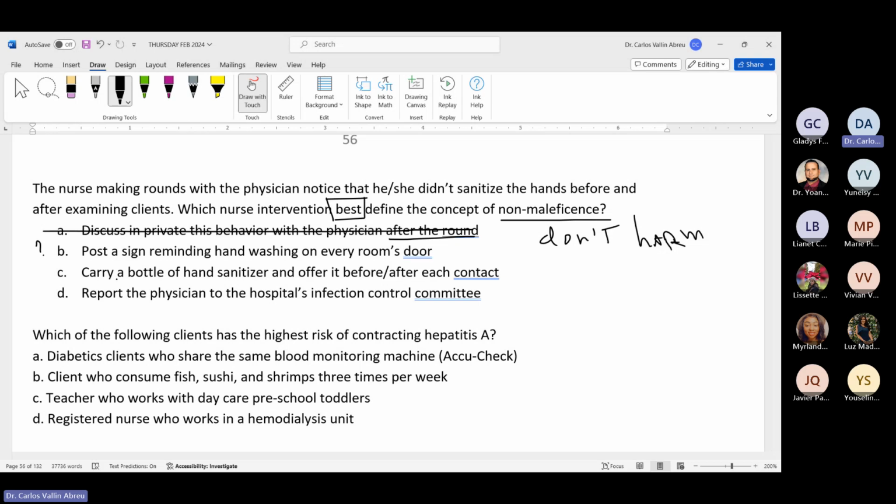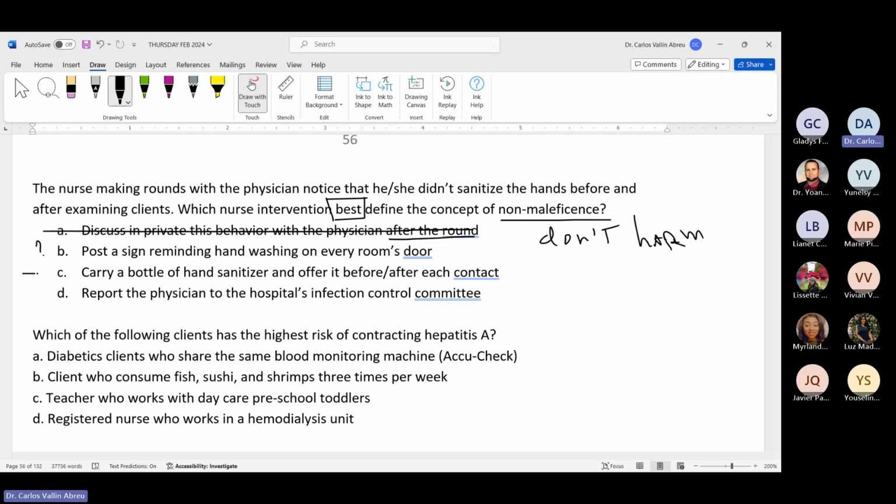But then there is something more proactive. "Carry a bottle of alcohol hand sanitizer and offer it, present it to the physician before and after each client contact."